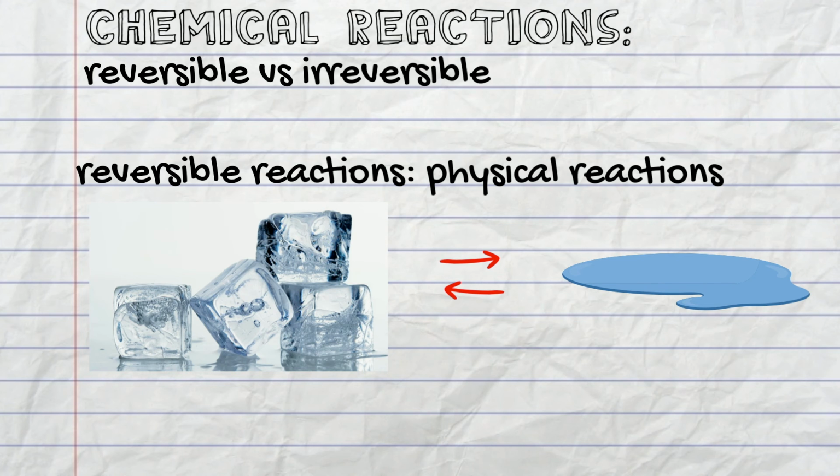You could have an original product and a final product, such as liquid water and ice, but that final product can turn back into its original form, such as water turning back into ice, or ice turning into liquid water. That's called a reversible reaction.